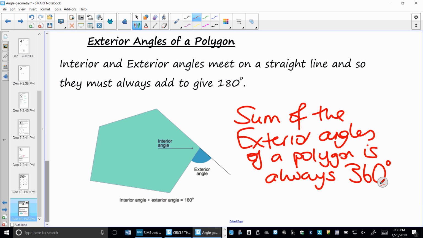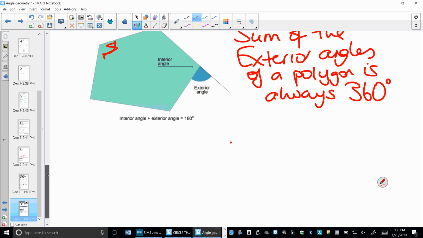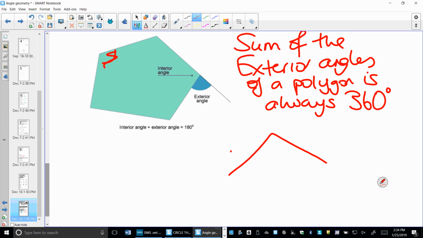It's often easier, so it might say, here's a polygon, so I'll draw a new diagram. So here's a thing, they'll say, this angle here is, let's say, just pick a number, 83 degrees, okay? So they might say that the interior angle is 83 degrees. And it's a regular polygon. How many sides does the shape have?